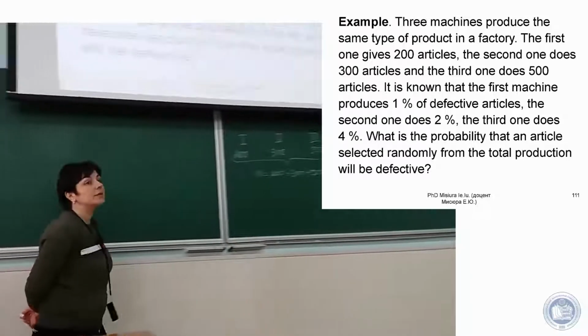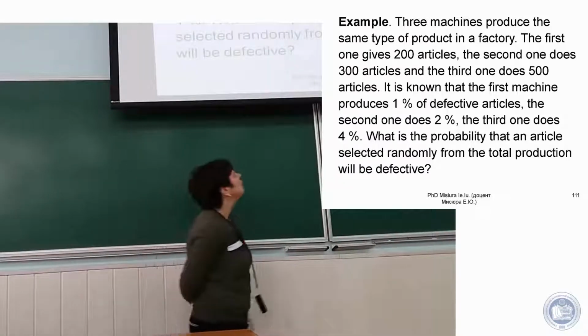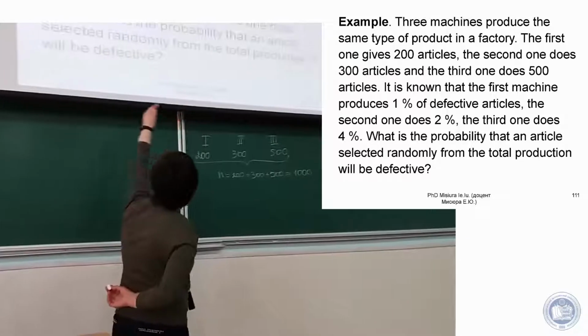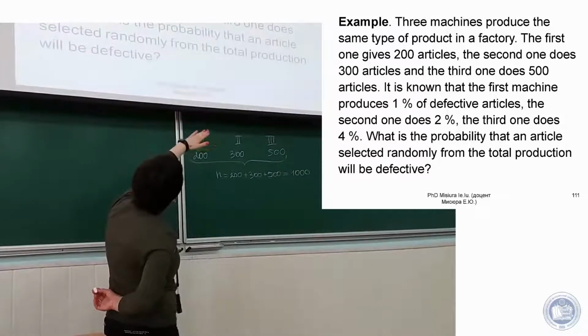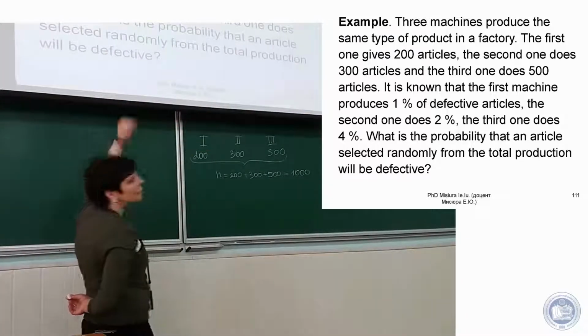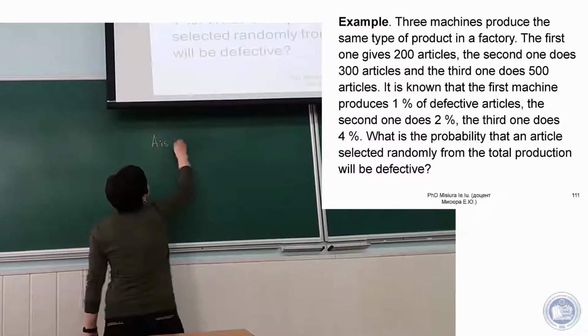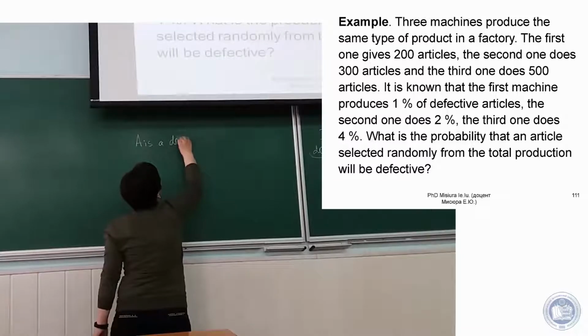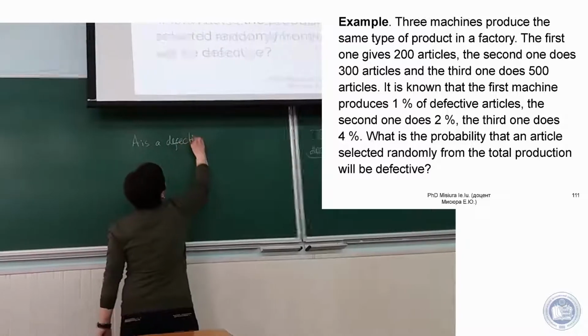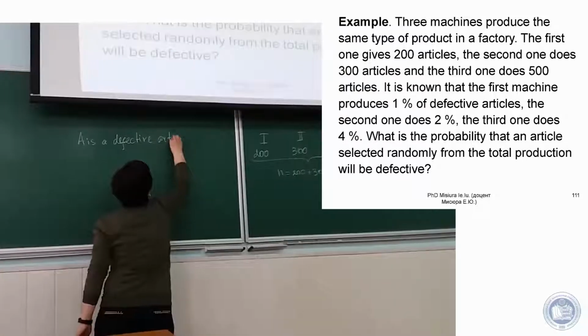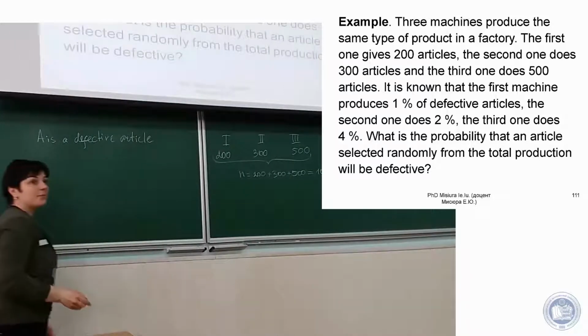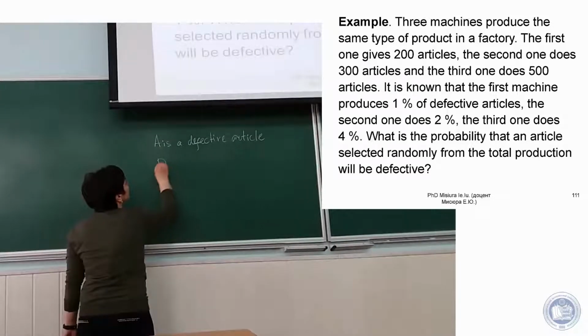You need to find the probability of getting a defective article. Let's denote A is a defective article. You remember this formula.